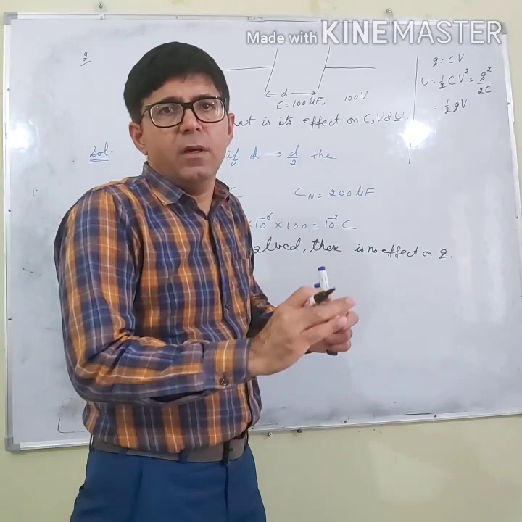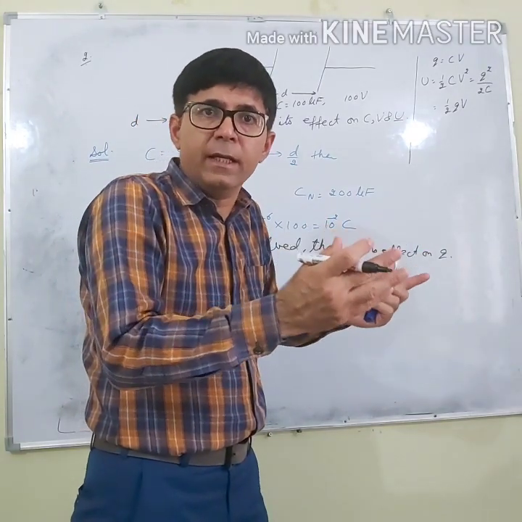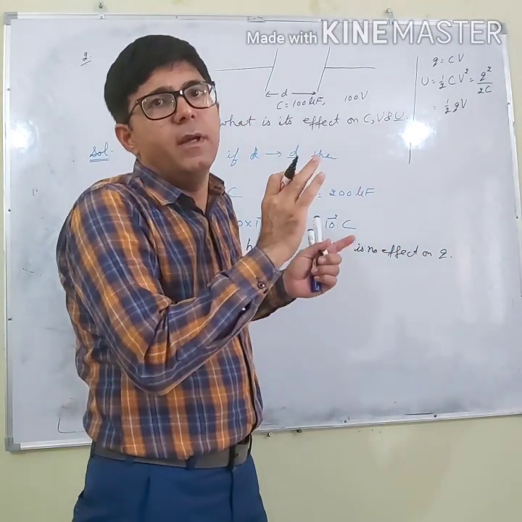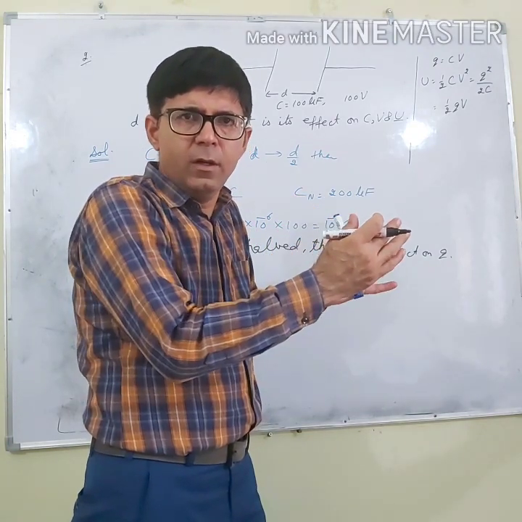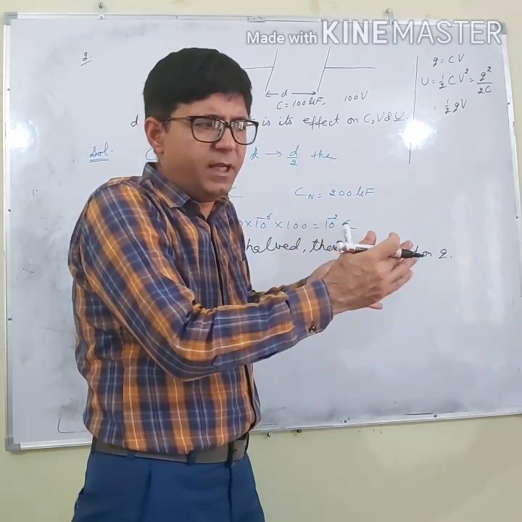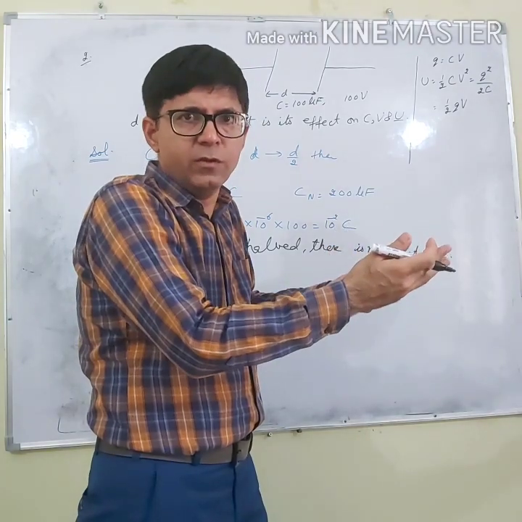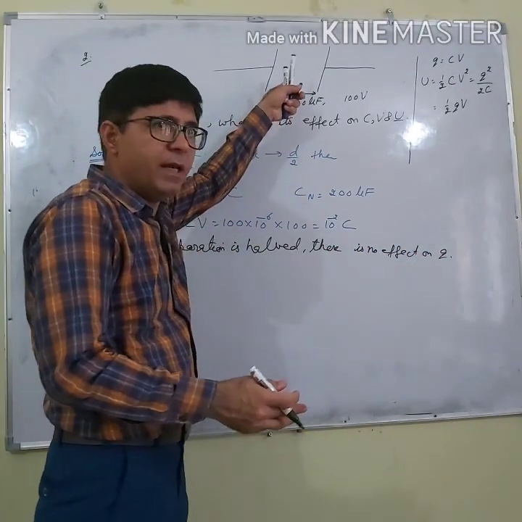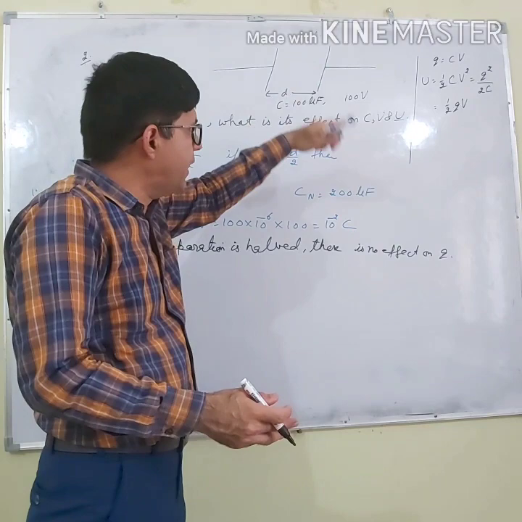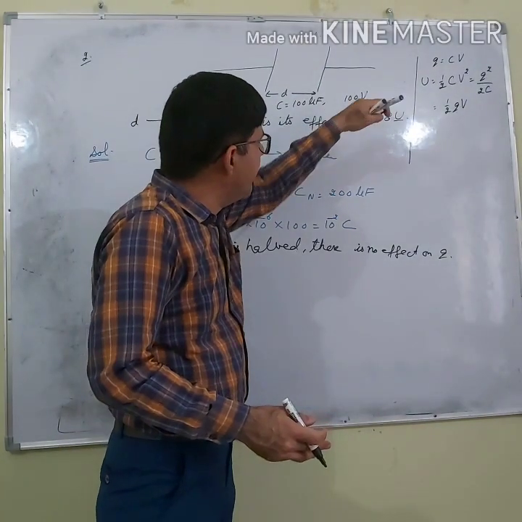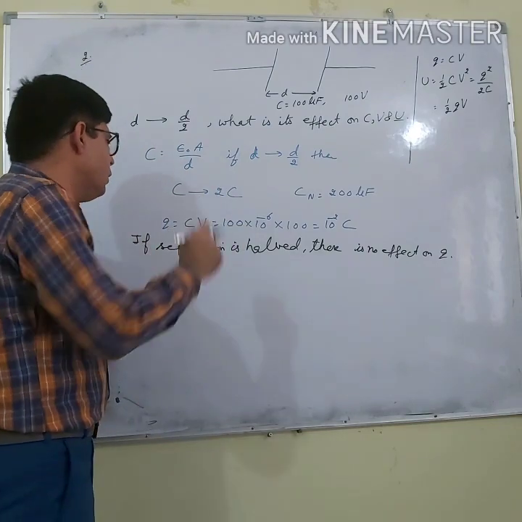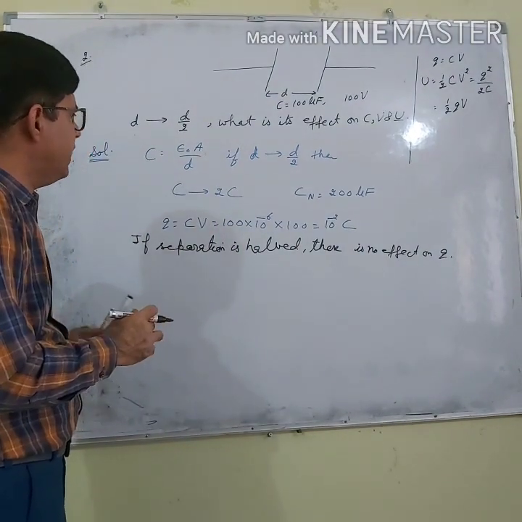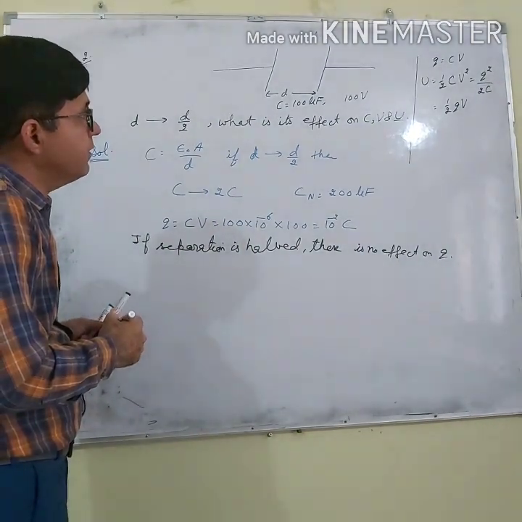Because the battery is not connected to the capacitor. If the battery is attached to the capacitor, definitely because of the increase in capacity, the charge will also increase. But here the battery is not attached. The capacitor is already charged to a potential of say 100 volt. So there is no effect on the charge. The charge will remain the same.